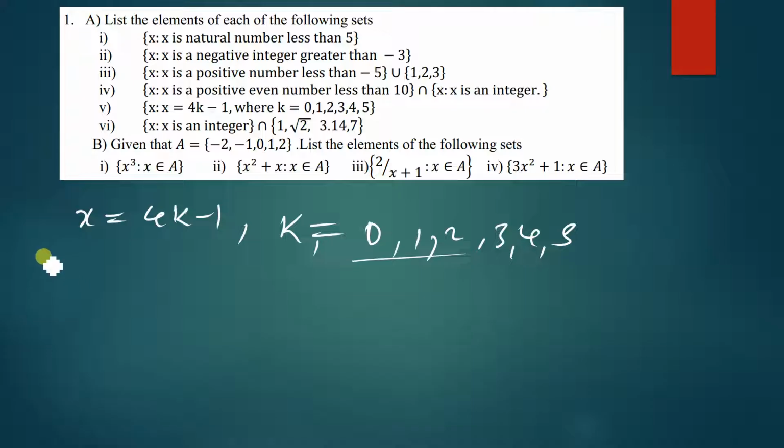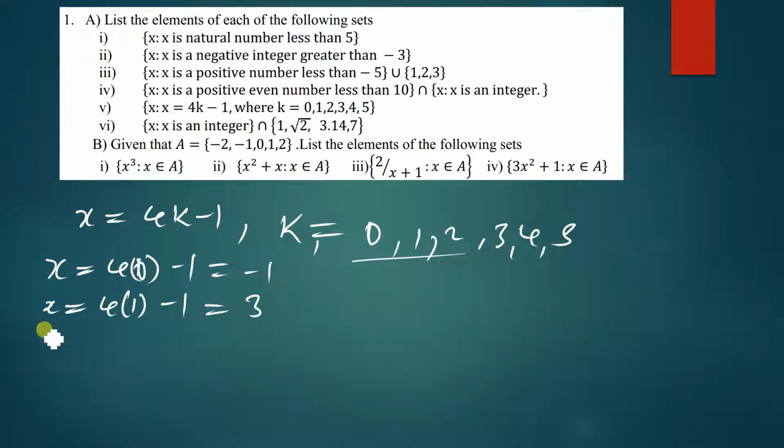So when k is 0, x is therefore going to be 4 times 0 minus 1, which is negative 1. When k is 1, x is therefore going to be 4 times 1 minus 1, which gives us 3. When k is 2, this will be 8 minus 1, which is 7.